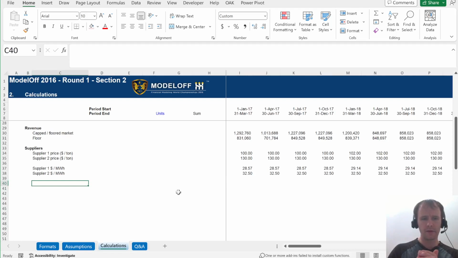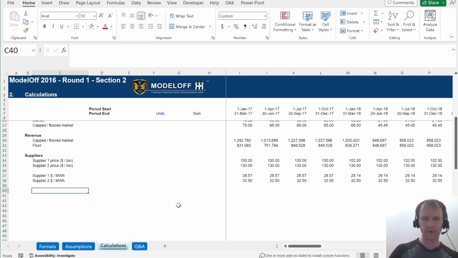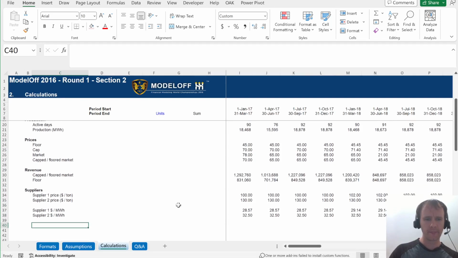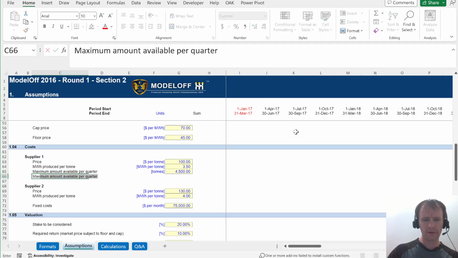Okay, and then what are we doing? I'm going to figure out how much we're buying from each. So what have we got? We've got a ton limit here. So max megawatt hours per quarter.